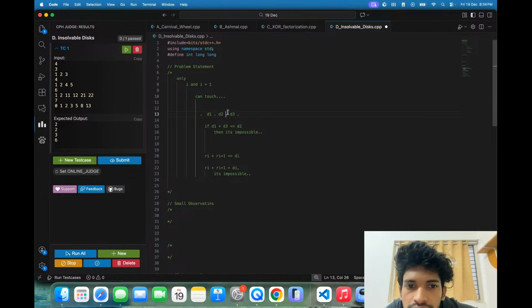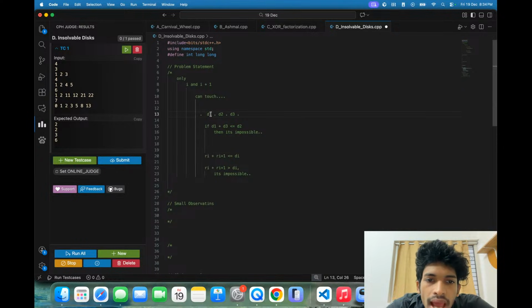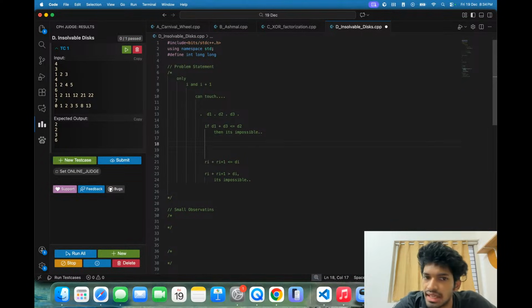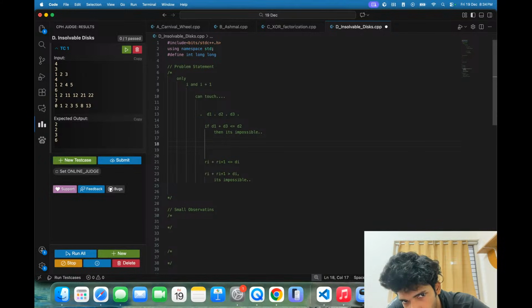If one is less than d3 and the other is less than d1, you cannot add up. Both of them are less than d1 and less than d2, because r1 is less than d1 and less than d2. In the other case, d1 plus d3 is greater than d2. If this happens, there must be a break.